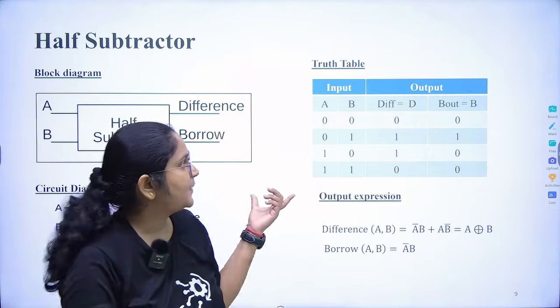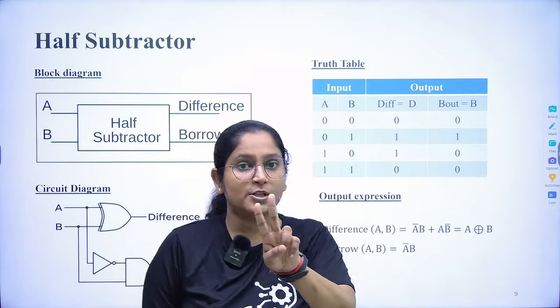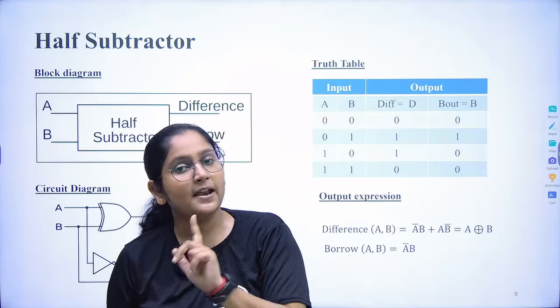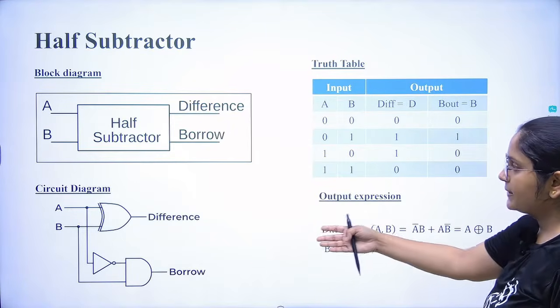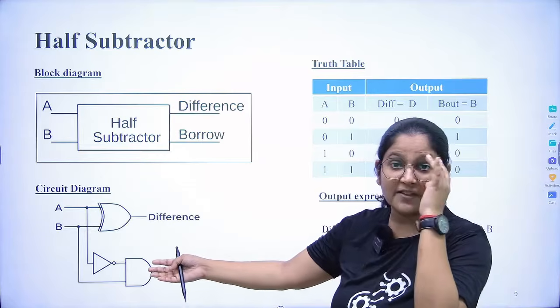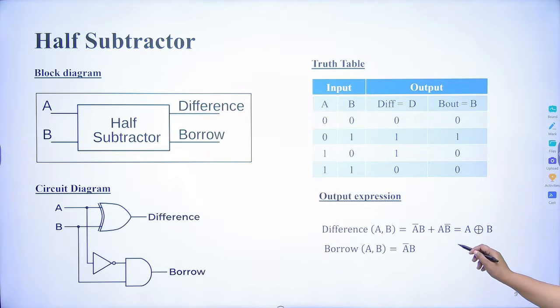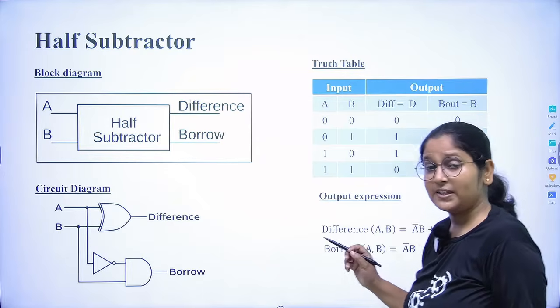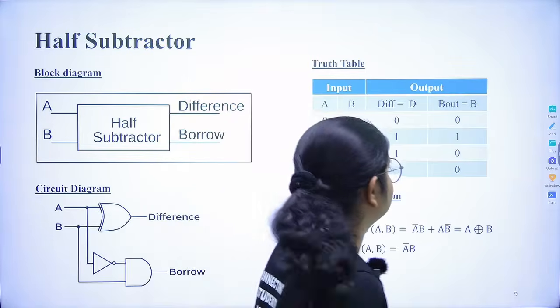I think I have explained how it is happening. So the half subtractor is producing two outputs. What are they? Difference and then borrow. Okay, so we have these two. This is the circuit diagram that we have for the half subtractor, right? And these are the expressions: A XOR B and then A bar B. Okay, so now we have to write the code for this.